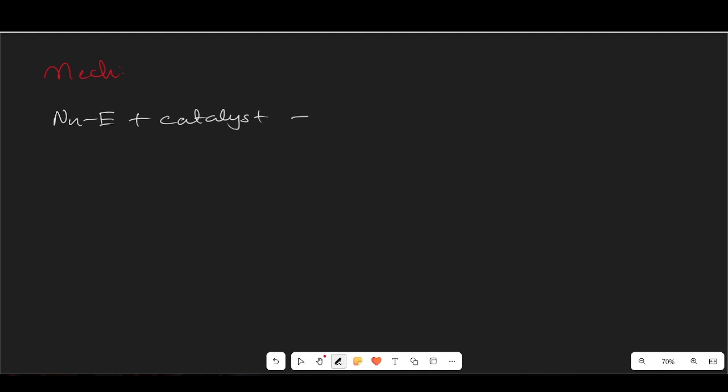So these two react in favorable conditions to form a complex, the nucleophile plus catalyst complex. So this is a modified catalyst. It's no longer a catalyst. It's a modified catalyst. It has a negative charge, plus the free electrophile. This is the first step.